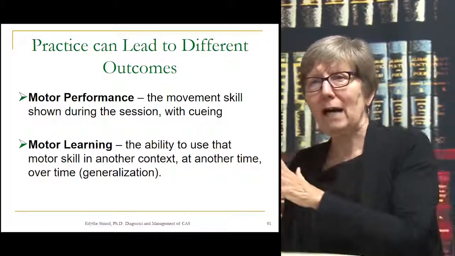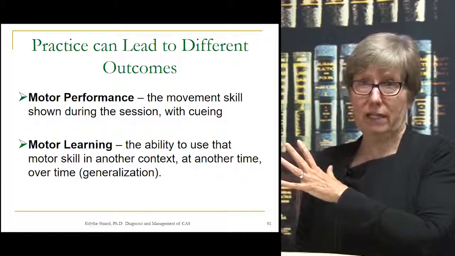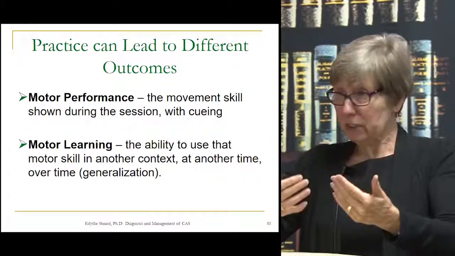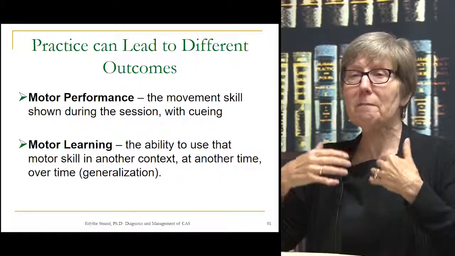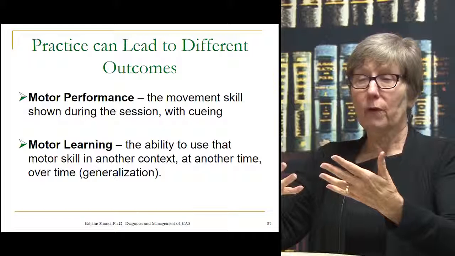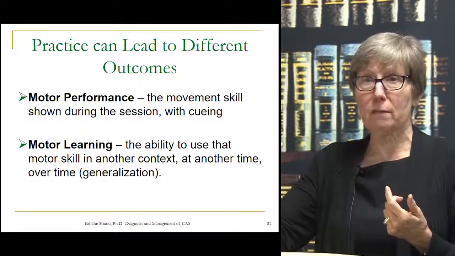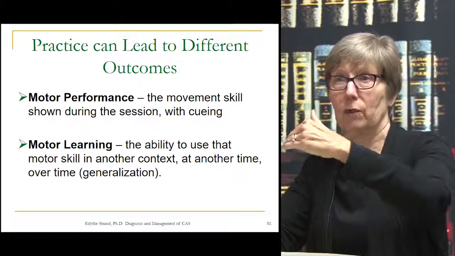What I'm going to talk about next, if we implement the principle, let's say blocked versus random practice, in one way, we are going to facilitate motor performance. That is, they'll get accurate more quickly.